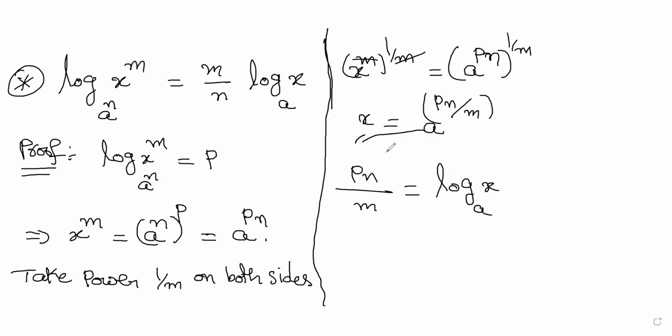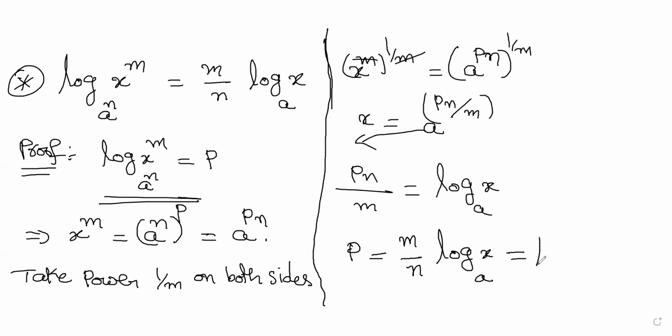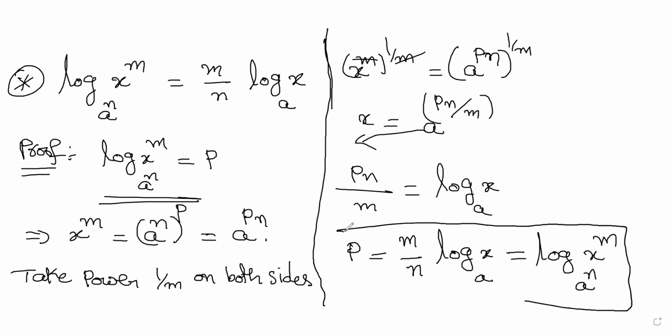Now p is equal to m by n log x to the base a. What is p? We started with this, so that is nothing but log x power m to the base a power n. This is another important formula.